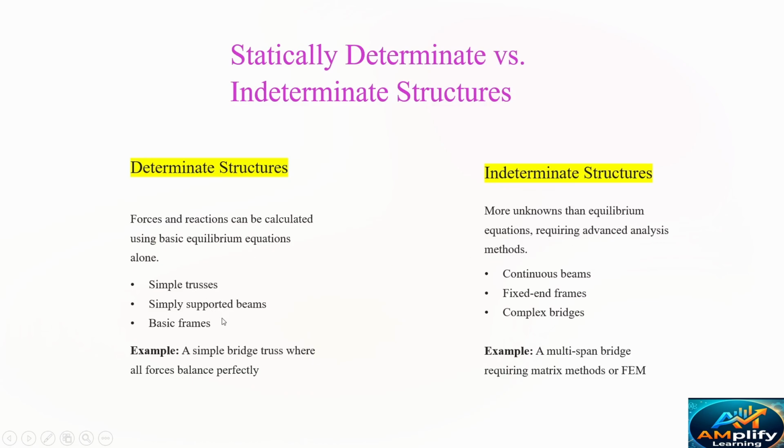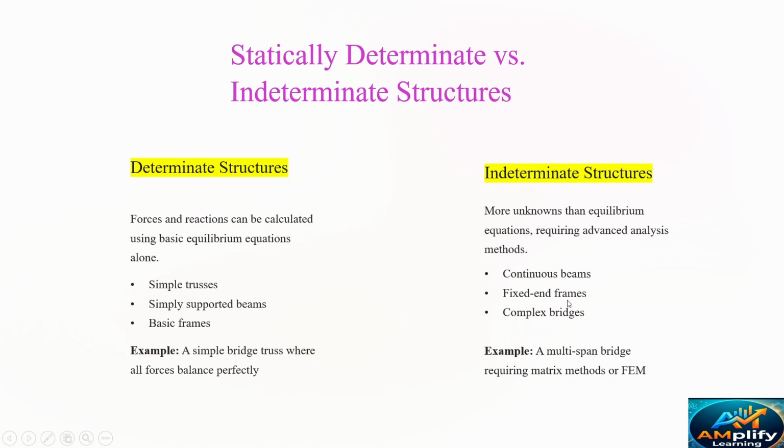What is a determinate structure? A simple truss, simply supported beam, or basic frame. In these structures, forces and reactions can be calculated using the equilibrium equations. But what is an indeterminate structure?